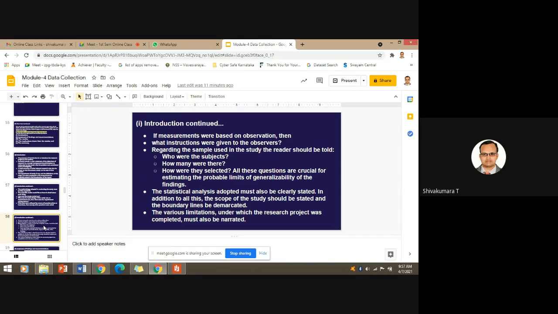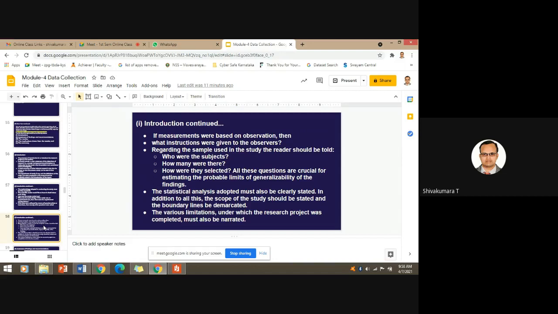Suppose you are taking a third-party service for data collection; if you frame the questionnaires, you need to explicitly give which questions were asked of the respondents. If you are using a third-party service, you need to collect what instructions were given to the observers to observe the points of study, and so on. You briefly discuss these under the introduction.